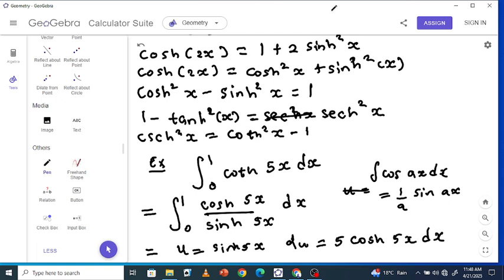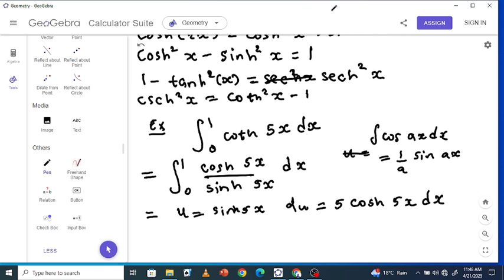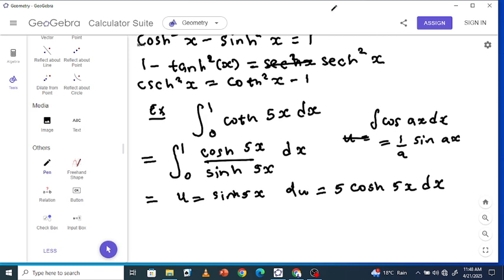If we want to be left with cosh 5x dx, we divide through by 5. That simply means cosh 5x dx will be equal to 1 over 5 du.